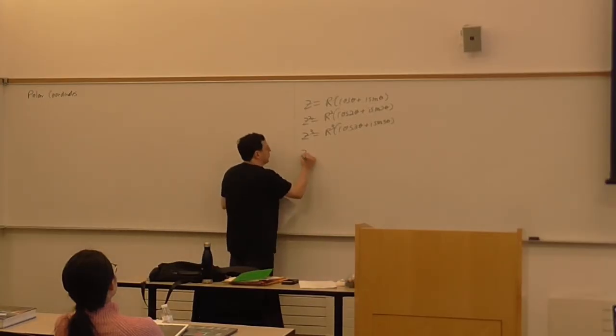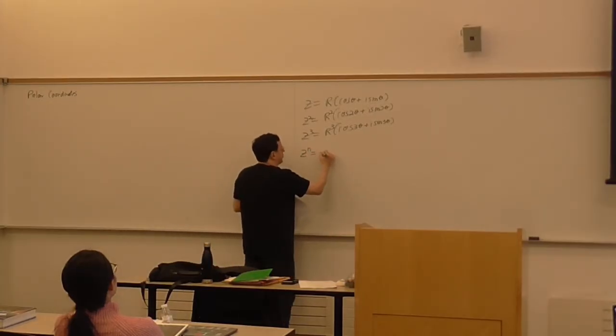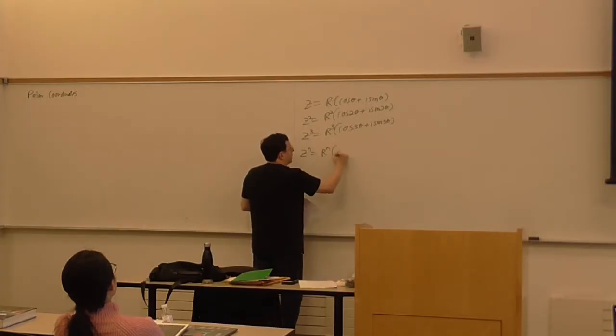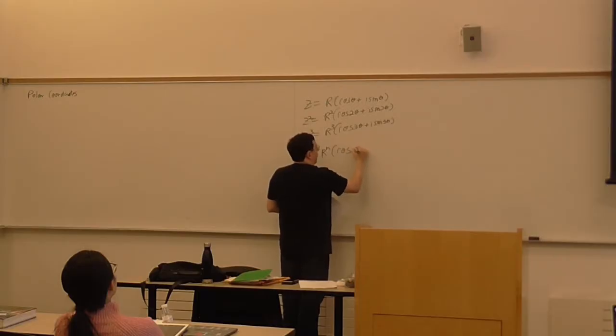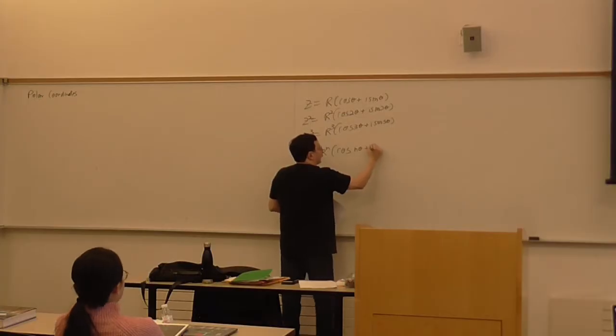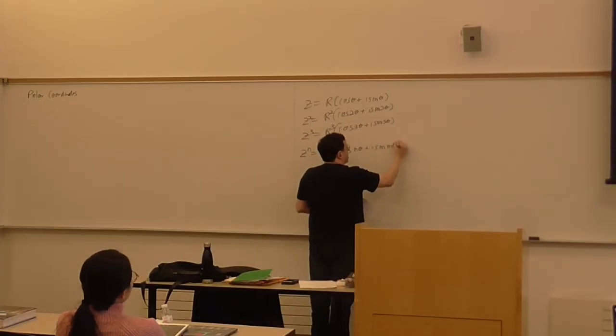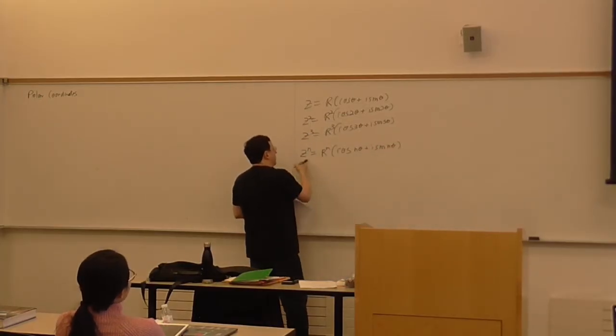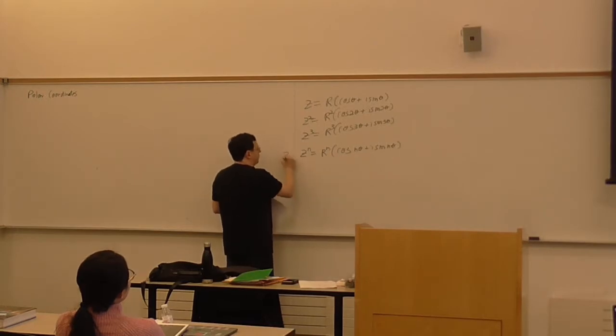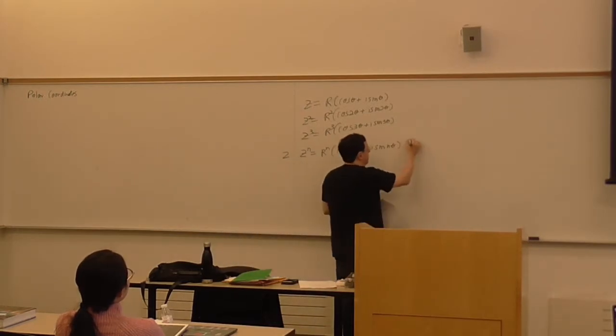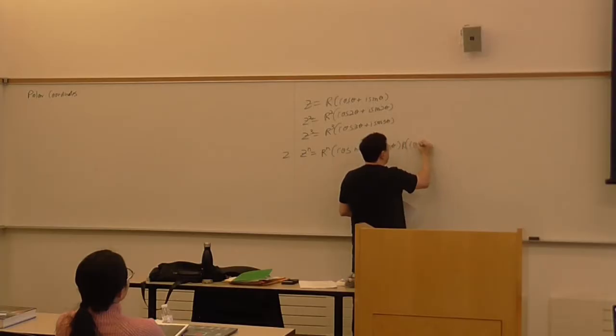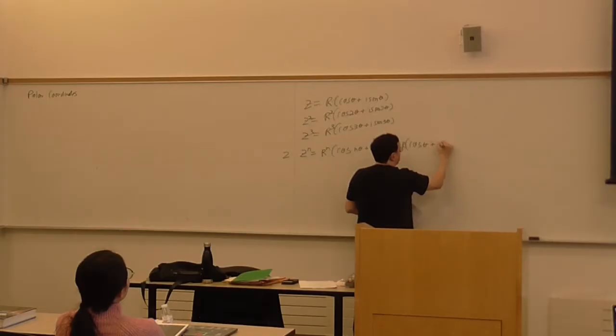So here if I say z sub n is equal to r to the n times cosine n theta plus i sine n theta, and now I just multiply this by z, so that's r times cosine theta plus i sine theta.